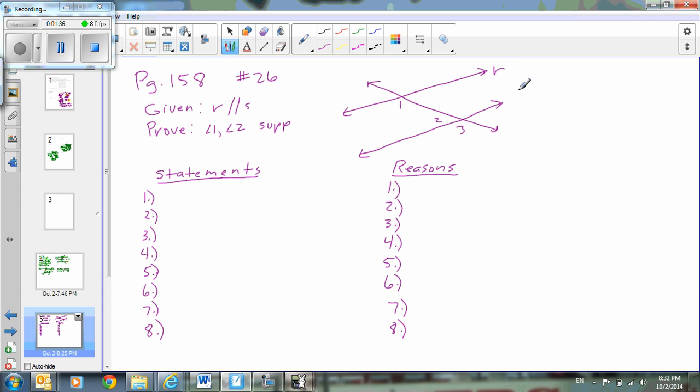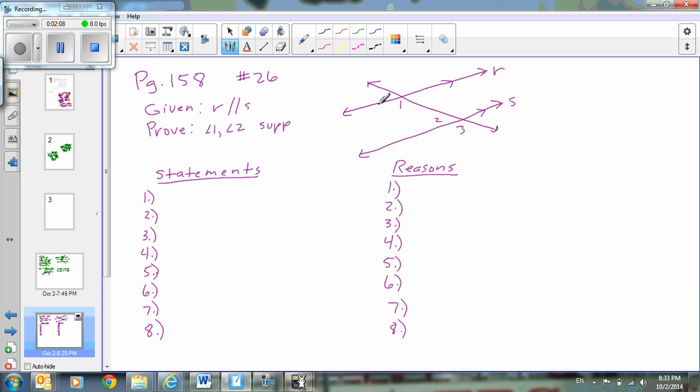This is line R, this is line S, so we're going to assume that line R and line S are parallel to each other. Since we're assuming that, let's go ahead and mark the lines parallel. And then our proof statement will be the conclusion of the same side interior angles theorem, and that is that we have a pair of same side interior angles supplementary. So what we're going to do is prove that these two angles are supplementary by showing that the measures of their angles add up to 180.